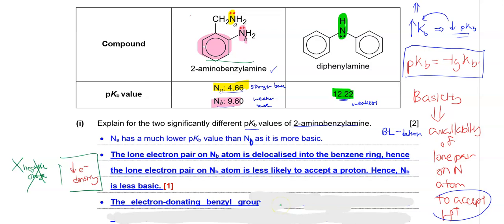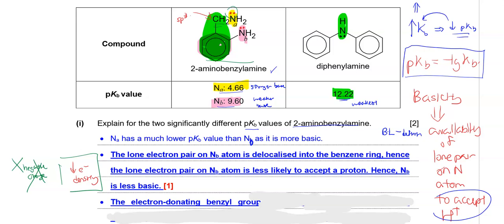accept a proton. Now, conversely, on Na, on this N atom, you now have a big R group. This lone pair here cannot be delocalized in the benzene ring because it's separated by this CH2 carbon. This carbon here is sp3. So this lone pair cannot be delocalized in the benzene ring.